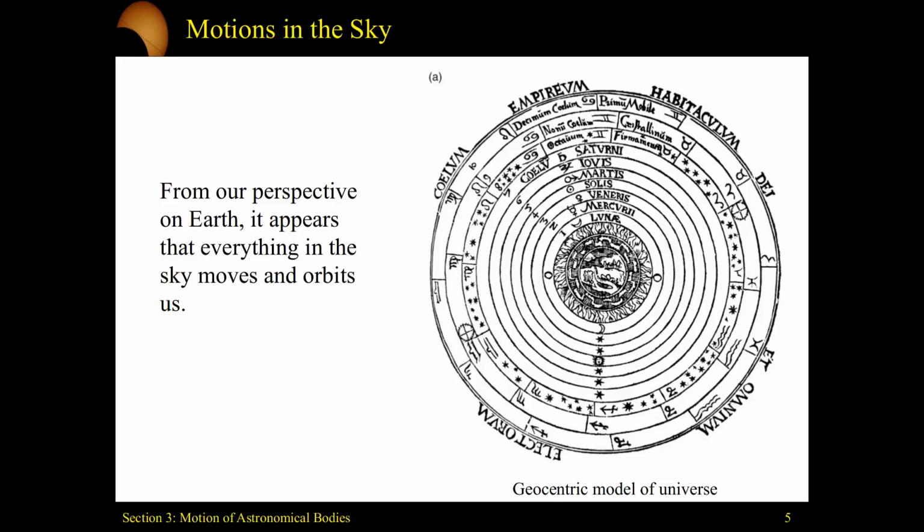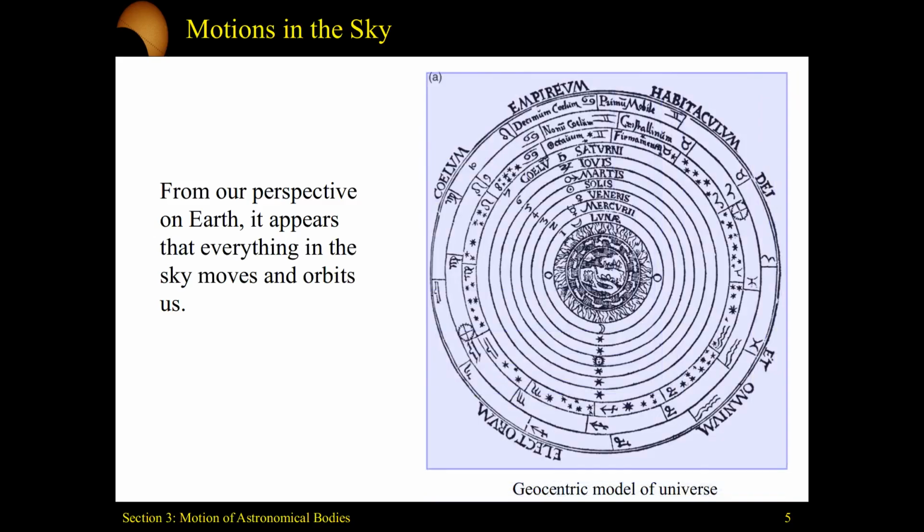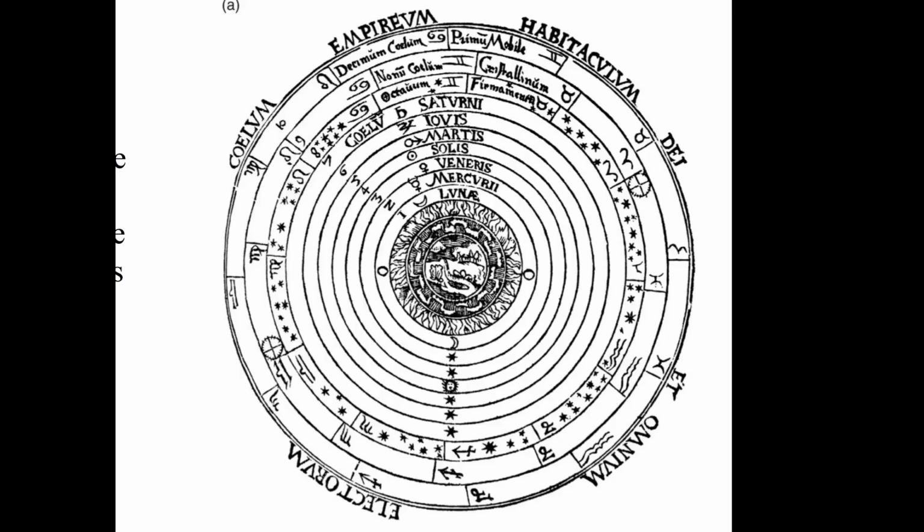From our viewpoint on Earth, the entire universe is constantly orbiting around us. And so we built up geocentric models where Earth was the center of the universe. And I love pictures like these. There's a lot of details here that early astronomers were getting correct. So in our geocentric model, Earth would be here in the center, and the universe itself goes out in expanding rings.